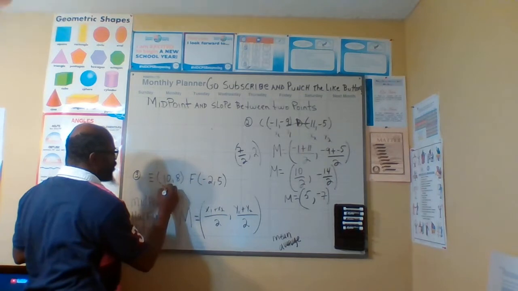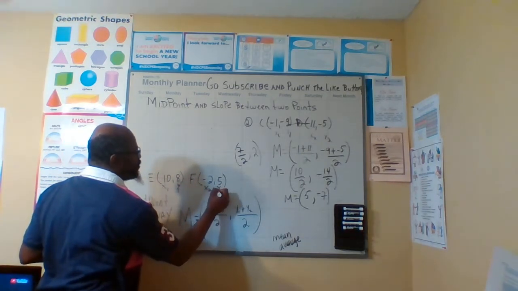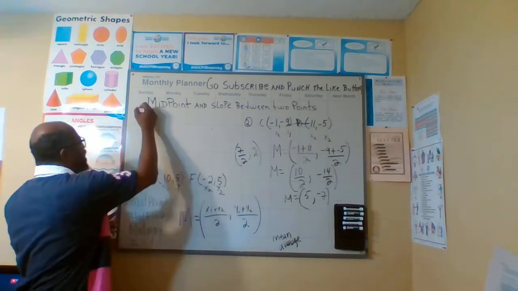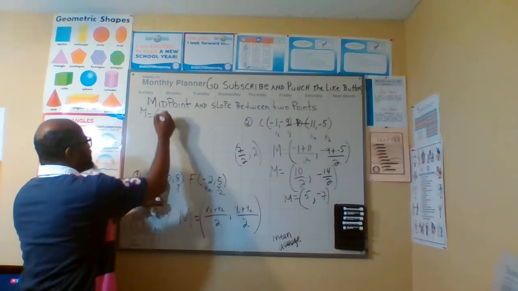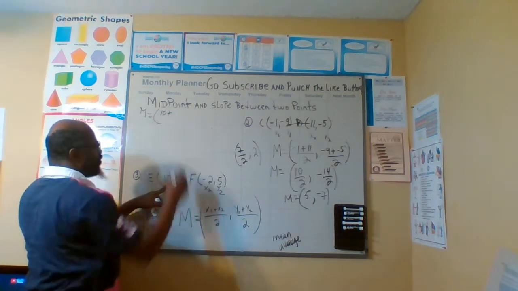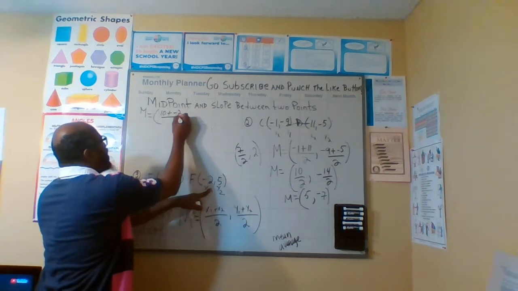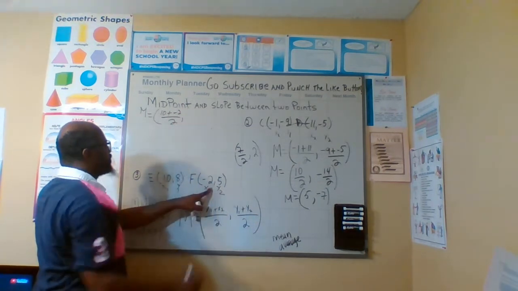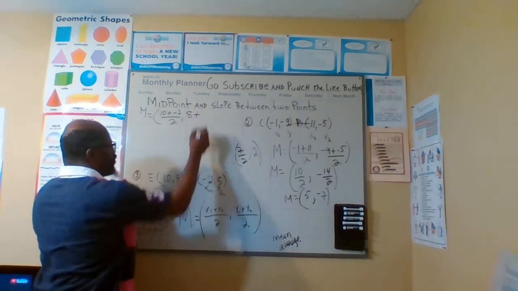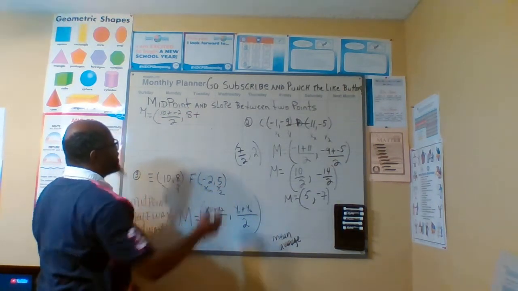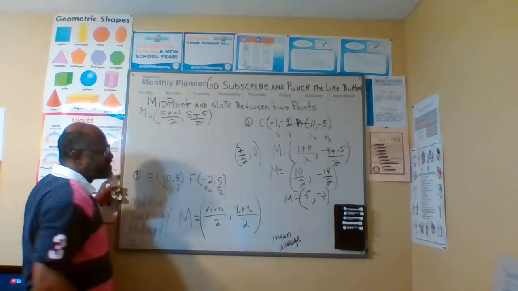This is my x1, this is my y1, x2, y2. I know M for midpoint is equal to x1, which is 10, plus x2, which is negative 2, divided by 2, comma, my y1, which is 8, plus my y2, which is 5, divided by 2. This is the proper setup.